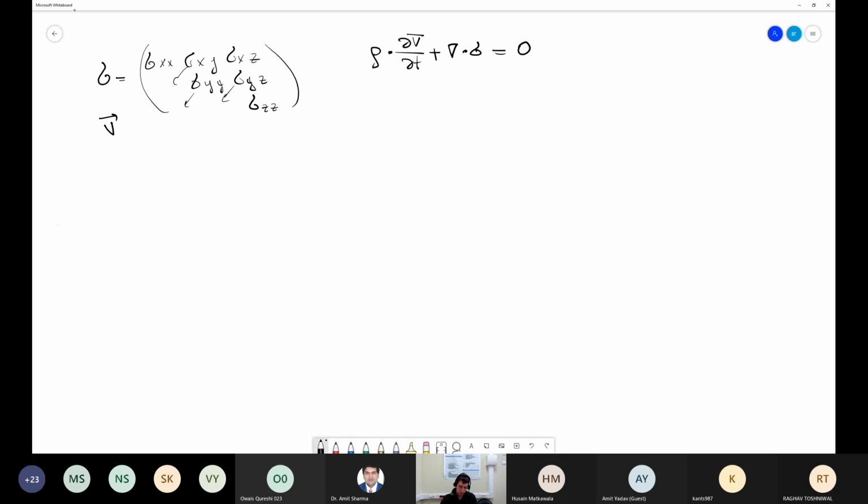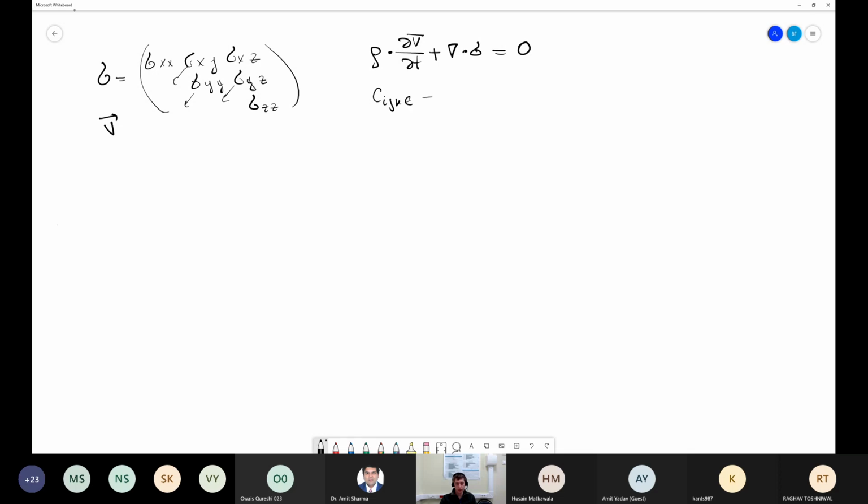And also we have to describe somehow the displacement of the material points over the stress, and we are introducing one new characteristic of the medium, C_ijkl.